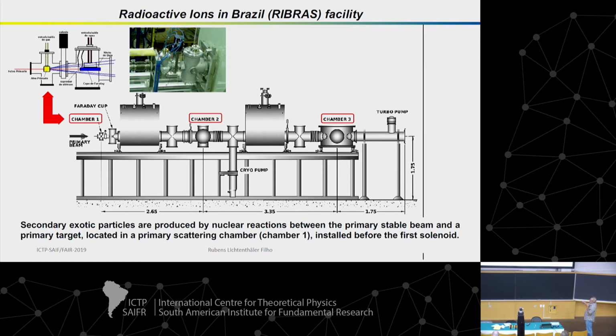The primary target usually is a beryllium foil, but can also be a gas target. In-flight method means that the primary target is thin, in the sense that the primary beam punches through the target and continues its way, and the secondary particles are produced here and are accepted by the solenoid.